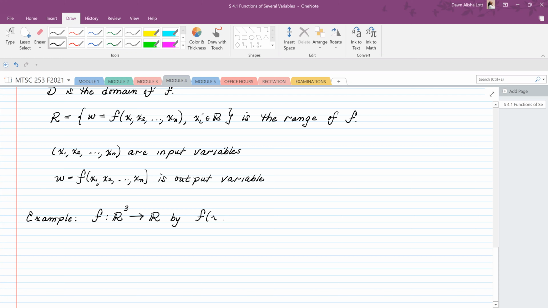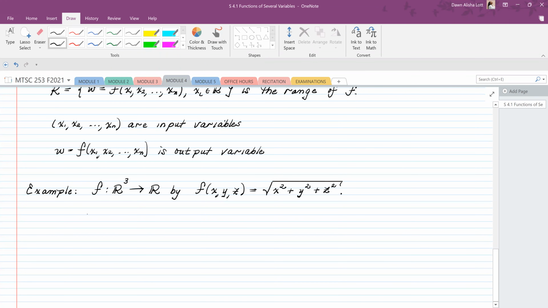F of X, Y, Z is the square root of X squared plus Y squared plus Z squared.